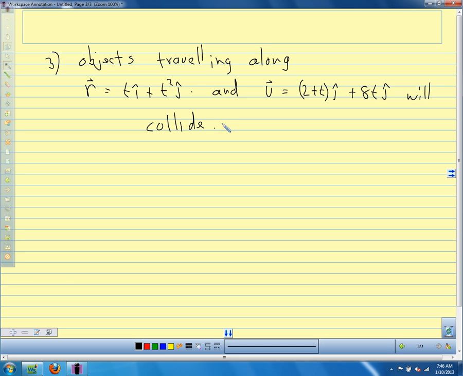So we want true or false on this. If objects were traveling along these two curves, would they collide?